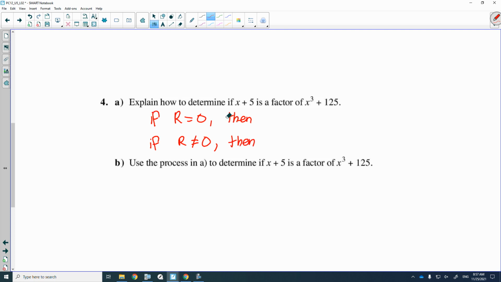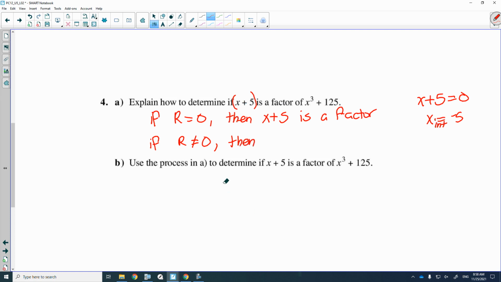So if the remainder, once we carry out the division, is 0, then x plus 5 is a factor. And if this is a factor, and I set that equal to 0, I will have an x-intercept at -5. If it's not a factor, then there's no x-intercept there.